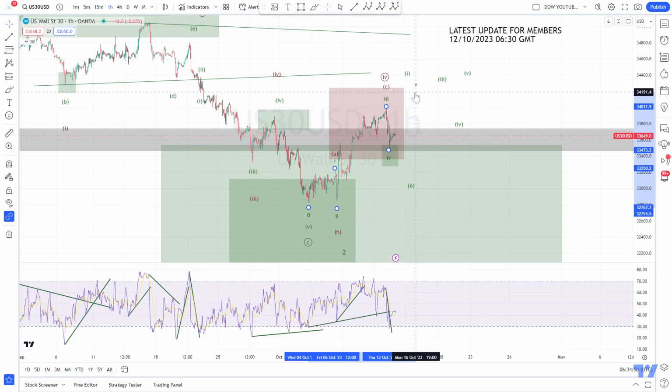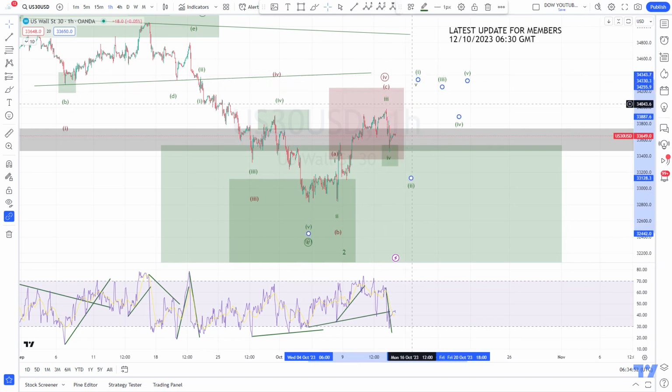If we want to see the impulse, then we actually still need to do this fifth wave. I had a look at this structure here, and it is better to say that we have 5 waves here, but these are sub waves of the wave 3. 1, 2, 3, 4, 5.